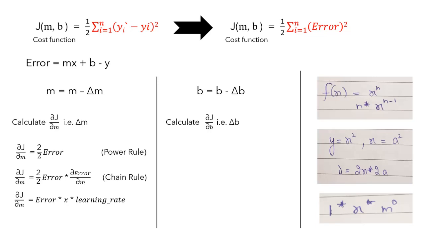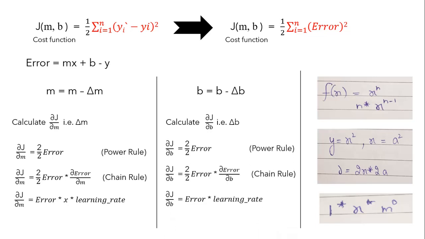Then we'll take this and multiply it by learning rate, that is error into x into learning rate, so that we can specify the step size as well to the algorithm. Same we'll do for finding derivative of j relative to b, and we'll get it as error into learning rate. So guys, just to add one thing over here, that derivative of constant will always be 1.